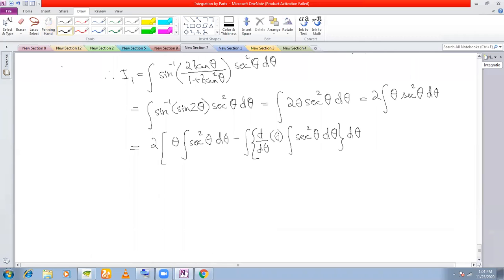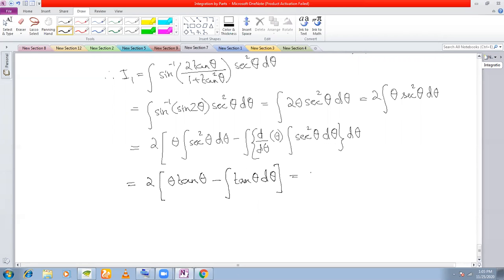Now you know that the integration of sec square theta is tan theta, so this becomes theta tan theta minus the integral of the derivative of theta, which is simply 1, times the integral of sec square theta, which is tan theta, d theta.